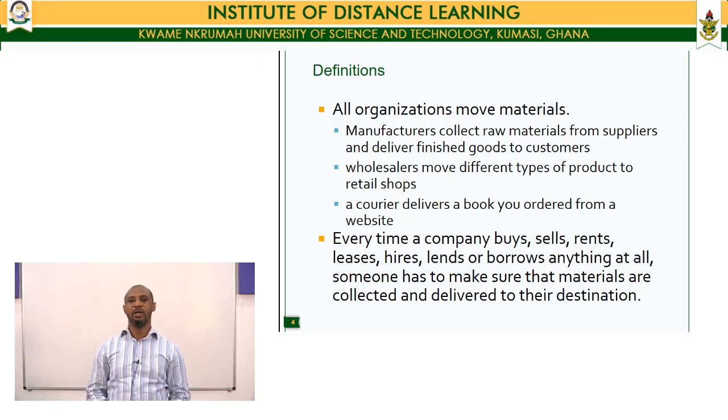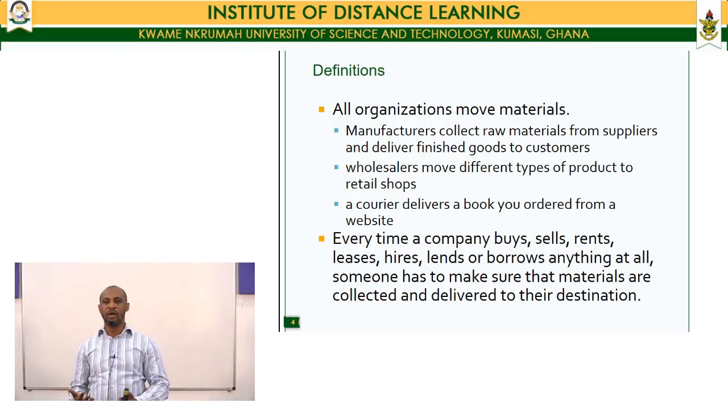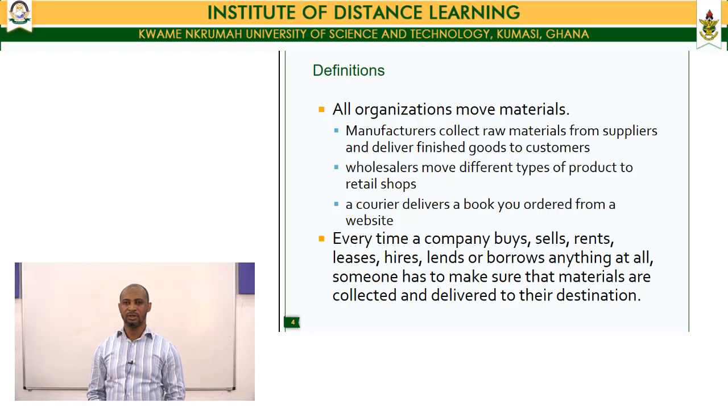Whatever happens, there is some movement. This movement involves three things, like we have said: money, products, and information. Materials are purchased with money, and when they are purchased, we make products out of them. And information must be passed through for this to happen.